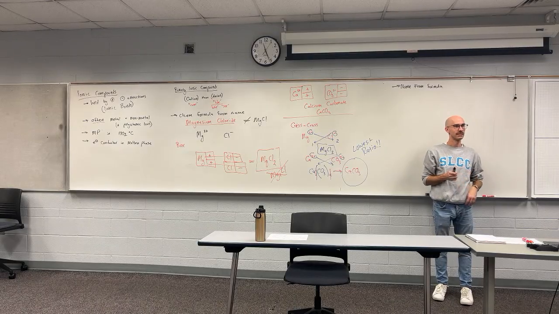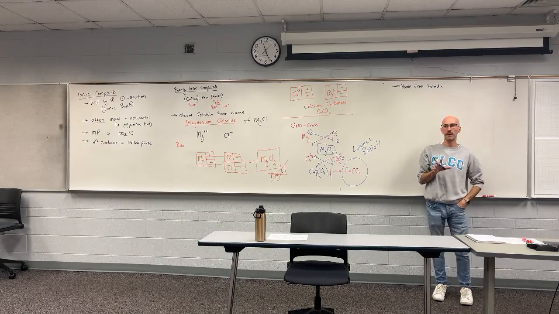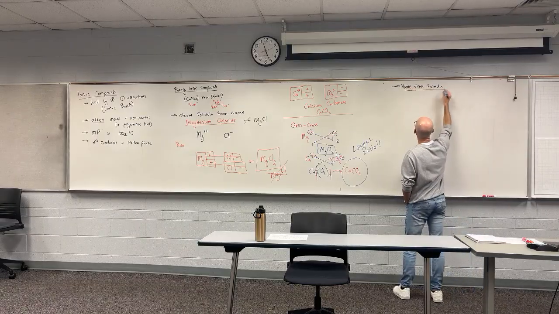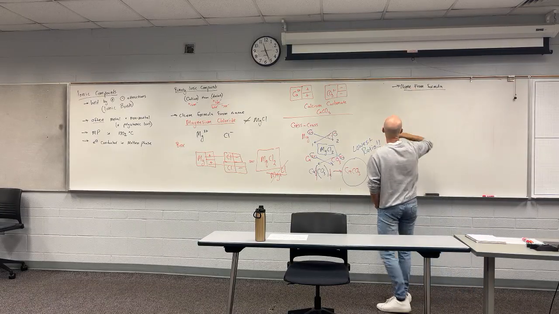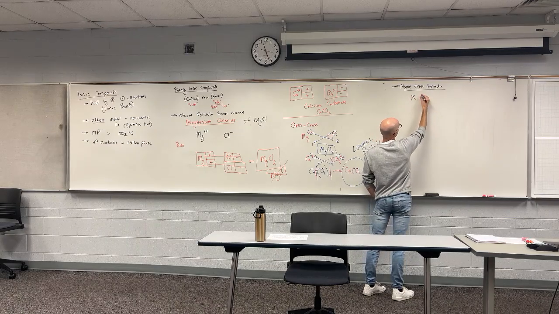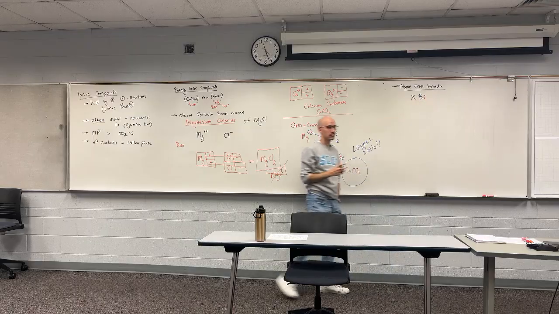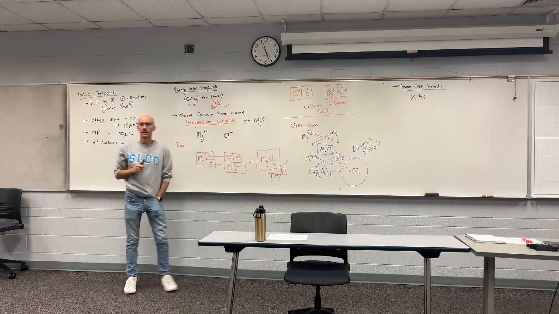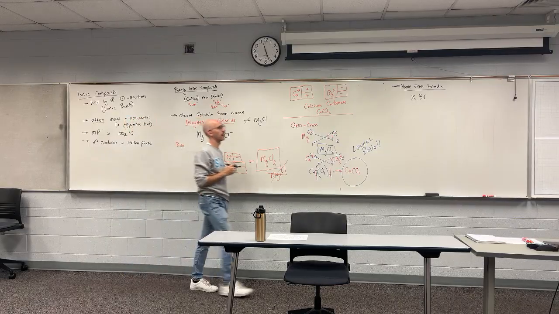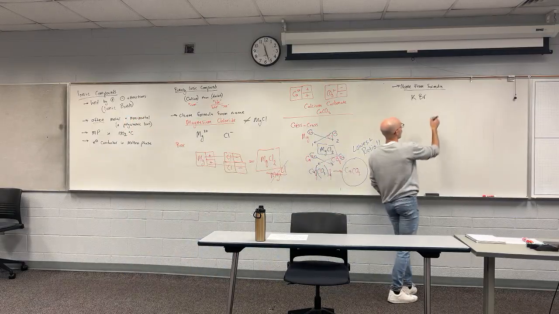Getting the name from the compounds works the opposite way. So let's say that we have KBr. How many Ks? 1. How many Brs? They're balanced.